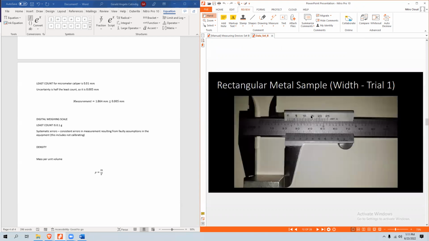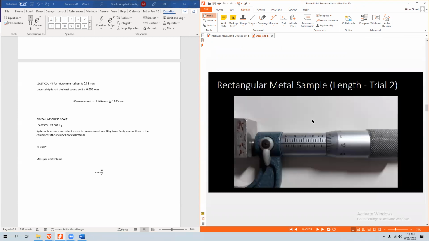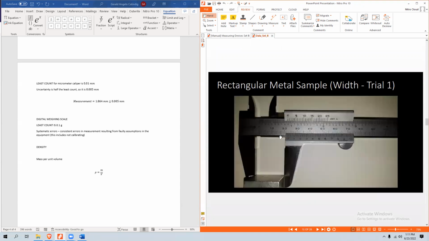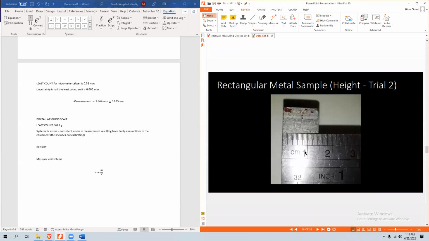So you are going to measure a rectangular metal sample and a cylindrical metal sample. So all of the measurements are already done for you in this case. So you have here your measurements by your micrometer caliper. So paano natin babasahin ito based on the lessons earlier? Meron tayo Vernier caliper na measurement din. So paano babasahin to? And of course, you have your ruler measurements.